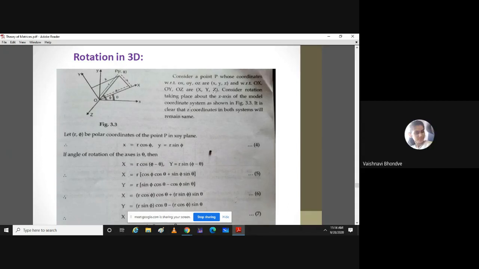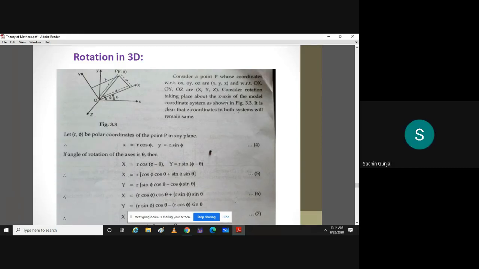To find the final coordinates, the representation of this capital X, Y, and Z in terms of small x, y, z. All right, got it? Idea is clear? Yes, sir.